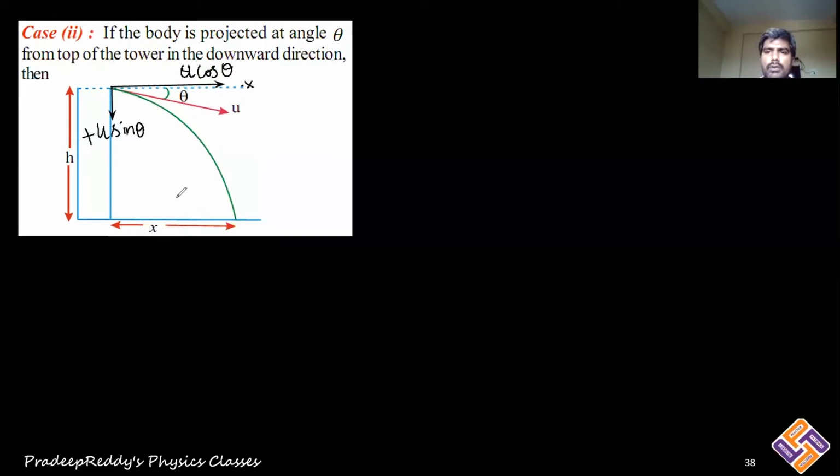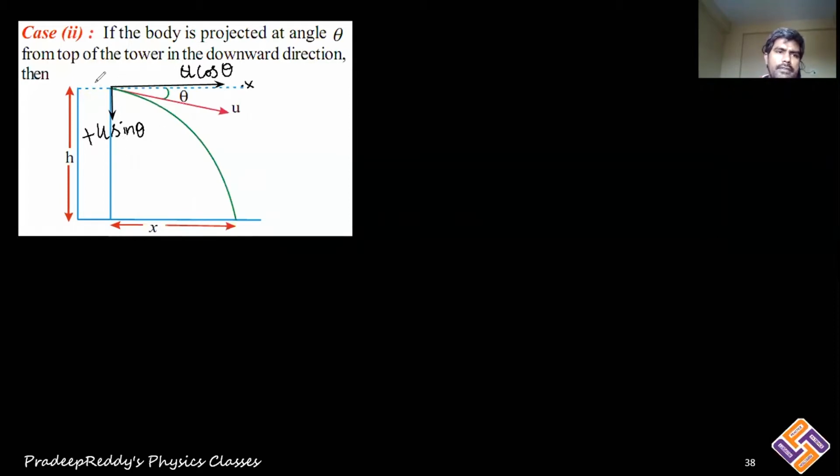We should stick to the same rule: downward direction I am taking positive, upward direction I am taking negative. So downward u sin theta is taken as positive.